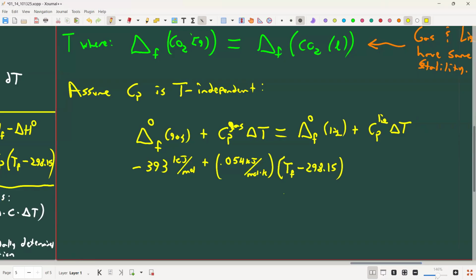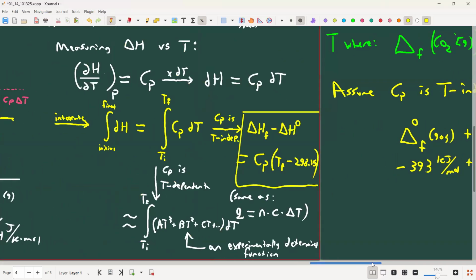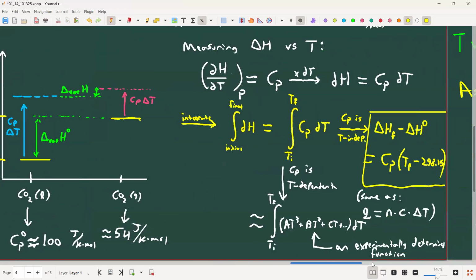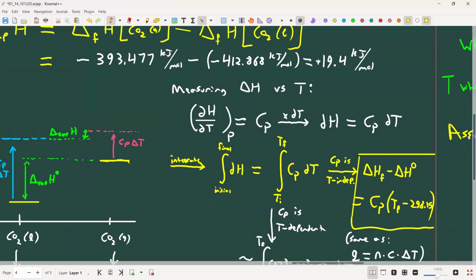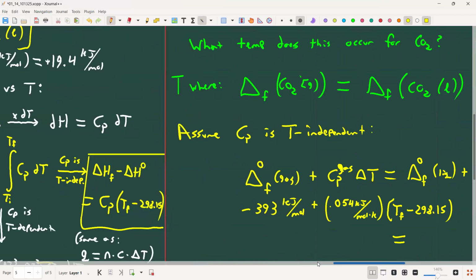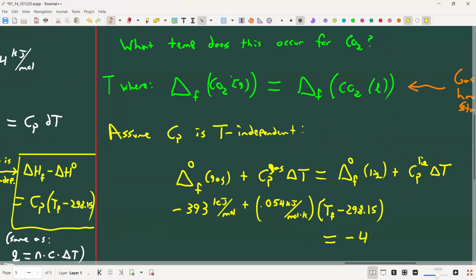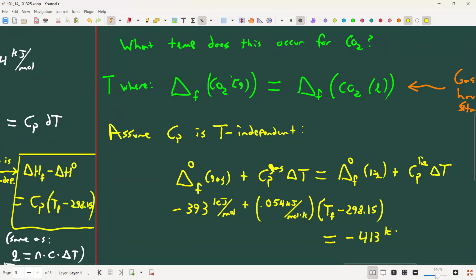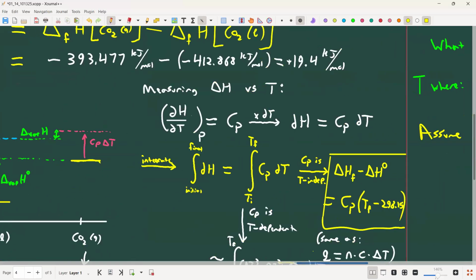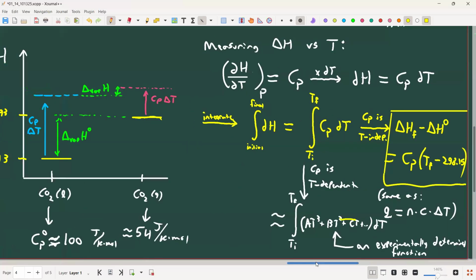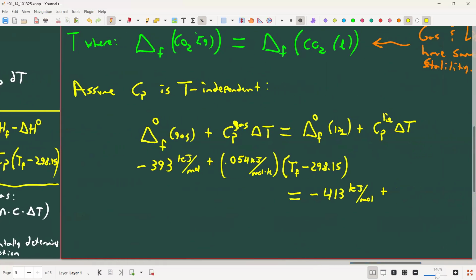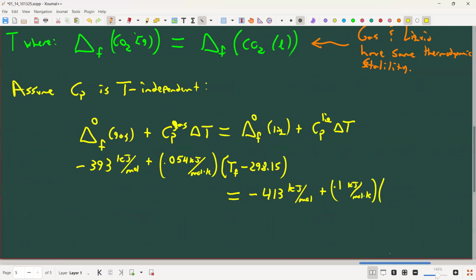Right, and this is equal to the enthalpy of the liquid, which is somewhere here, minus 413, plus the heat capacity of the liquid, which is 100.1 joules per mole Kelvin, times T minus 298.15.